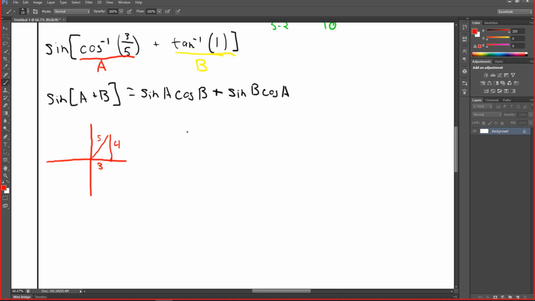So this is just 4. And then we actually already have this graph for tan inverse of 1 again, so I'm just going to skip through this. This is a 1, 1, square root of 2.